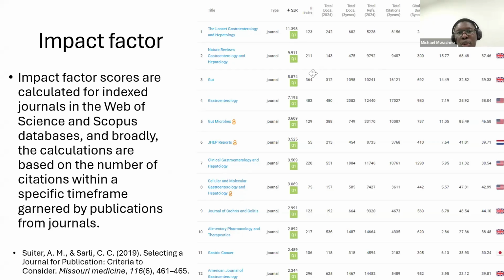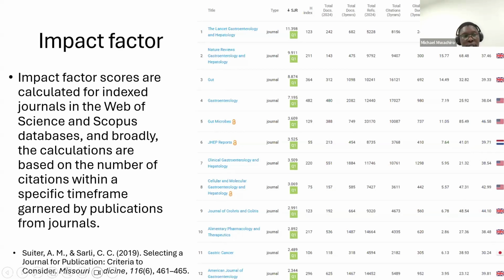For example, I'm showing you here the gastroenterology impact factors for this year. You can see the top 12 global journals listed, and most of them are British or American, and there's one Japanese one here, Gastric Cancer.